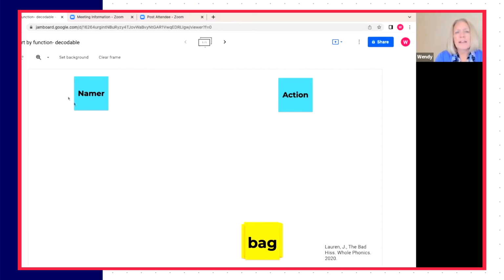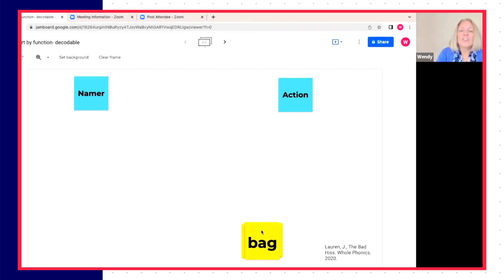If you feel like this label isn't going to be enough information for your students, please do draw a sketch here or use some hand signals or gestures to help your students remember that namer means a person, a place, or a thing. And then our action word is our doing words and our verbs. So I've collected a stack of words here from my decodable text, and I'm ready to go.